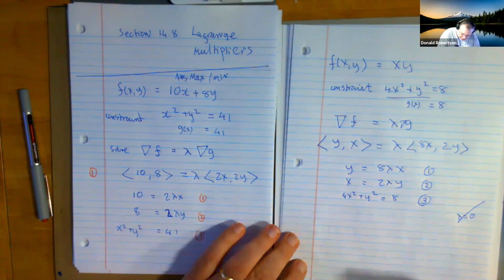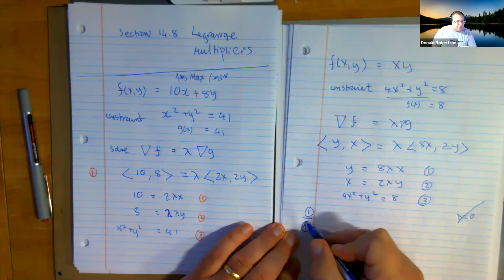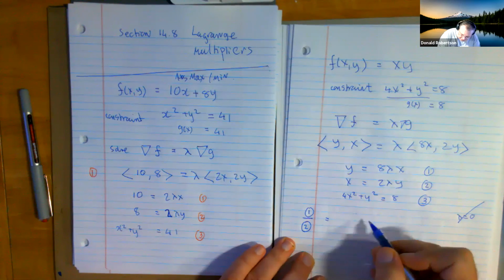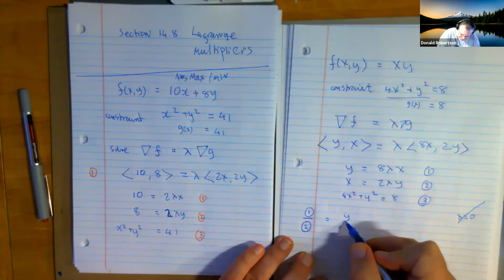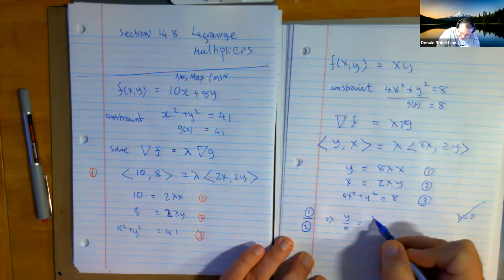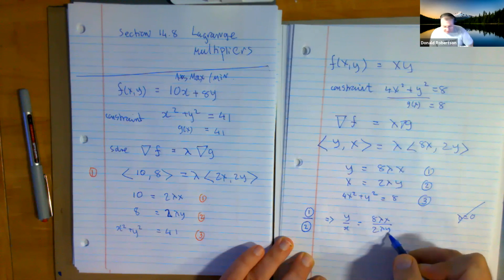Right, let's do the equation 1 divided by equation 2 trick. That's a kind of guaranteed process, right? You do that. In this case, we're going to have y over x equals 8 lambda x over 2 lambda y.